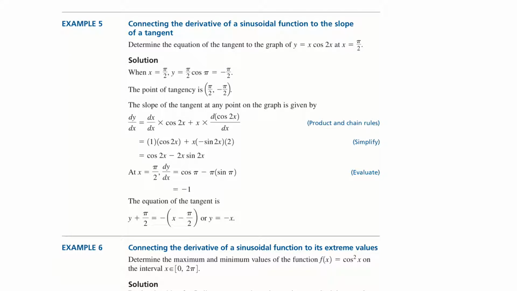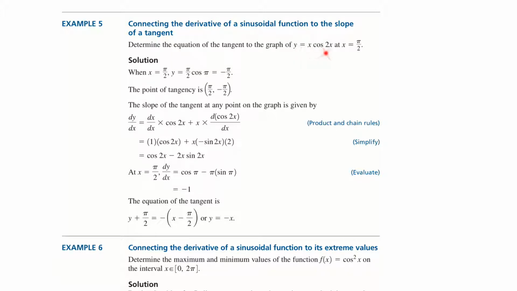Next example. Determine the equation of the tangent line to the graph of y equals x cosine of 2x at x equals pi over 2. We plug pi over 2 into the function. The y value is negative pi over 2, since cosine of pi is negative 1.